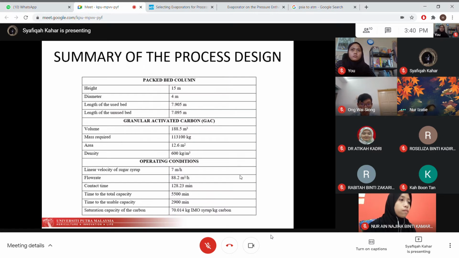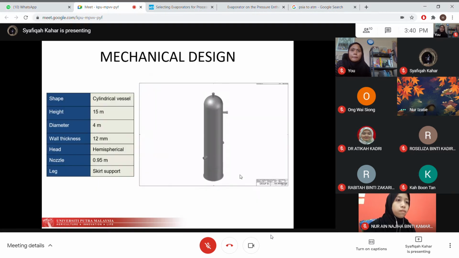Next, this is the summary of the process design based on calculation and assumption, for the packed bed column, granular activated carbon, GAC, and their operating conditions. Next, for the mechanical design, the shape used is a cylindrical vessel. The height is 15 meters. The diameter is 4 meters.